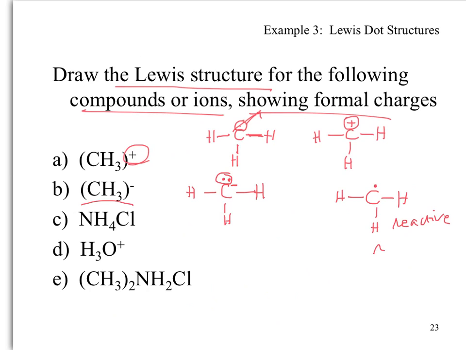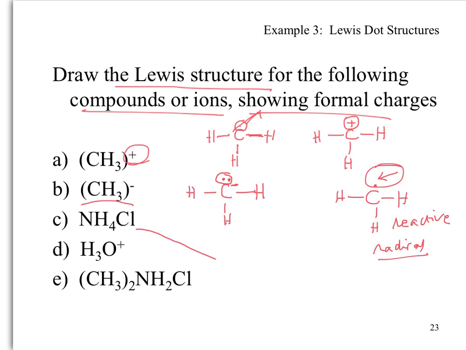It will be called a radical, and it would be reactive because it wants to give off this electron or it wants to gain another electron, one or the other. On the other hand, if you add an electron, that additional electron brings in 1 negative charge. If you remove that electron, then you give it a positive charge. So choice A is a carbocation, choice B is a carbanion.